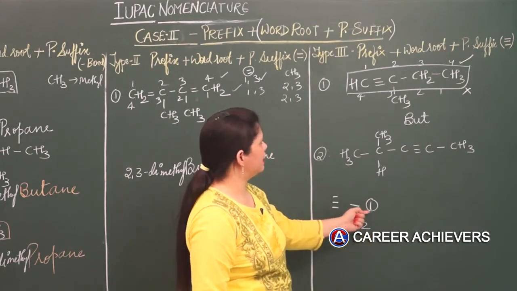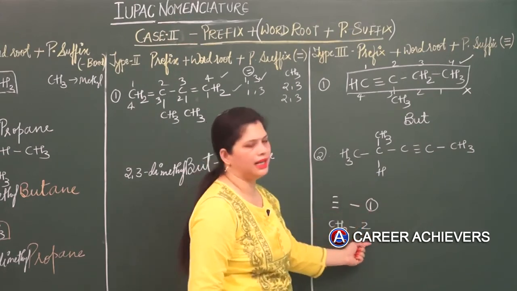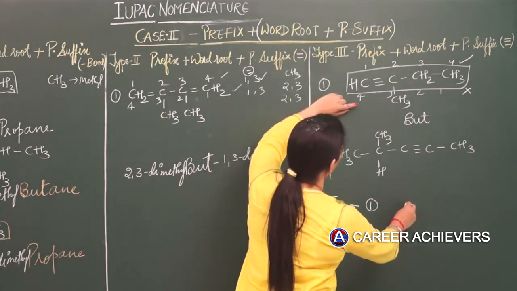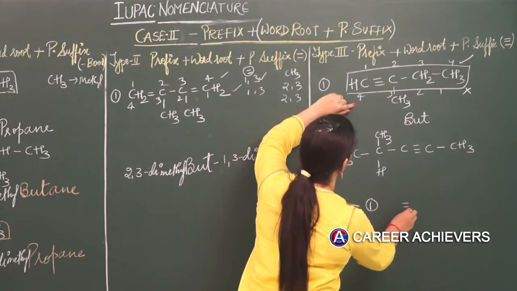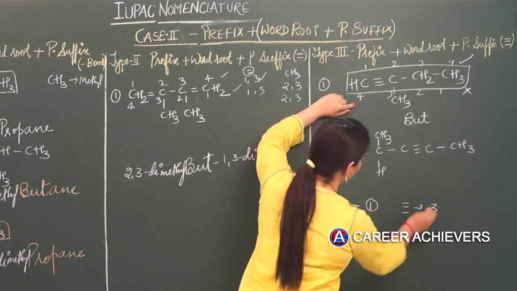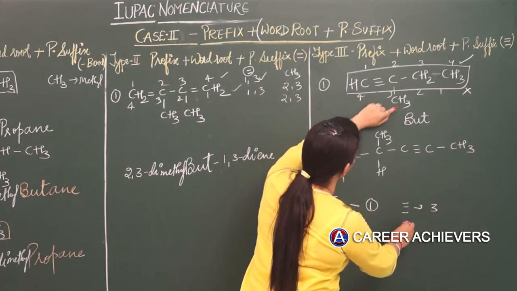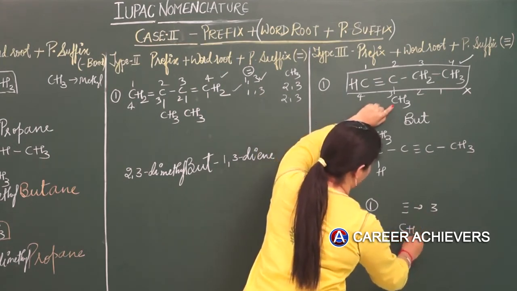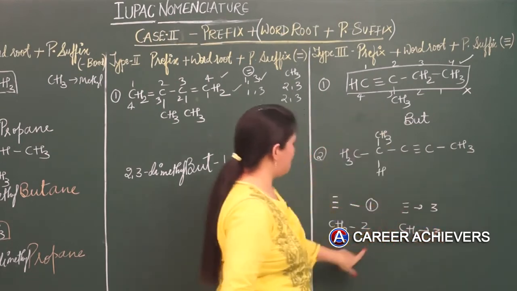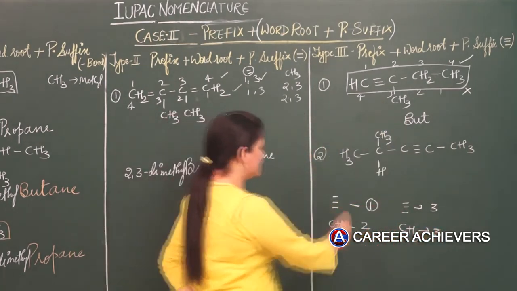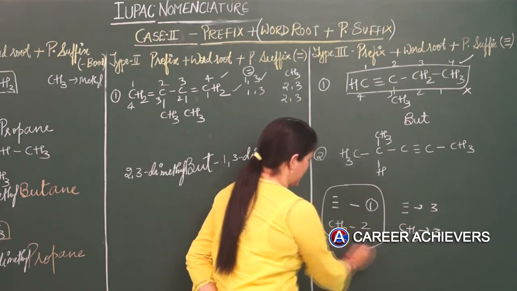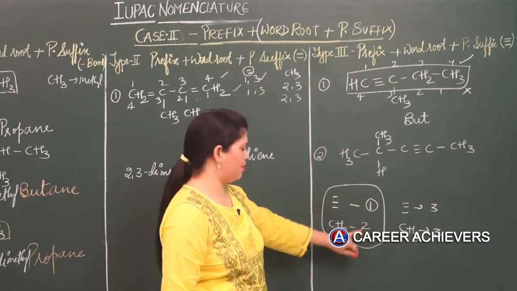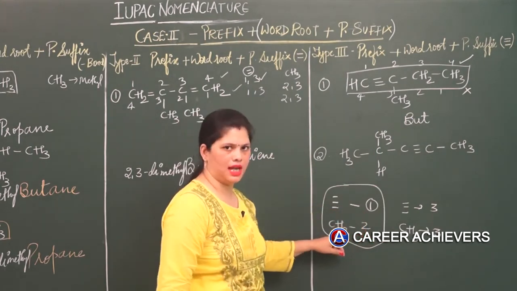But from the lower numbering, the triple bond gets the number 3 and the methyl also gets the number 3. If we compare these two numberings, this is the actual case. The triple bond gets the minimum number, so priority is given to it over methyl.